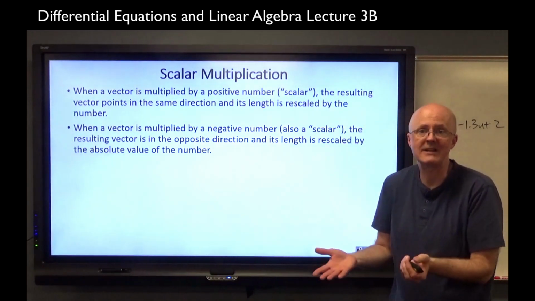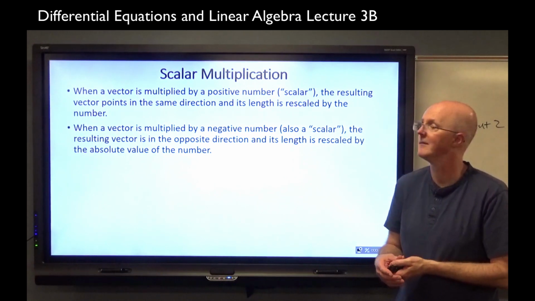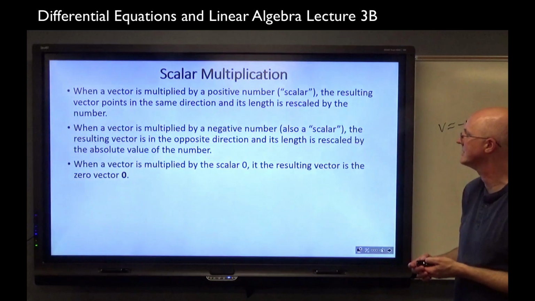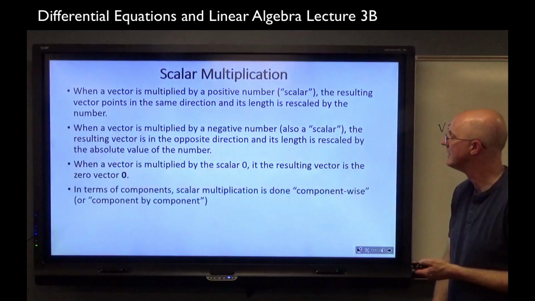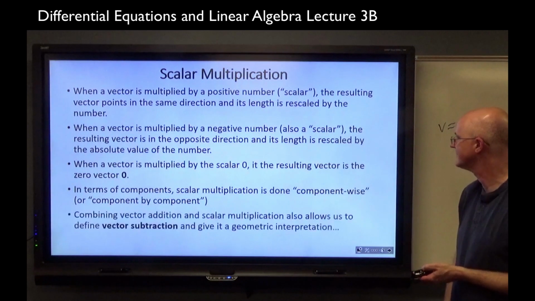If I multiply it by 0, it becomes the 0 vector. It has 0 length. The resulting vector is the 0 vector, bold-faced 0. In terms of components, scalar multiplication is also done component-wise.